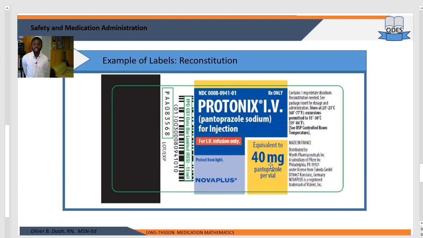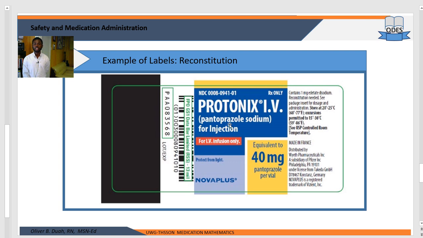There are some medications that we have to reconstitute, as I mentioned, and one of the components you are going to find on either the drug label or on the insert is the reconstitution instructions. So for example, we have Protonix, which is going to be the brand name or trade name.